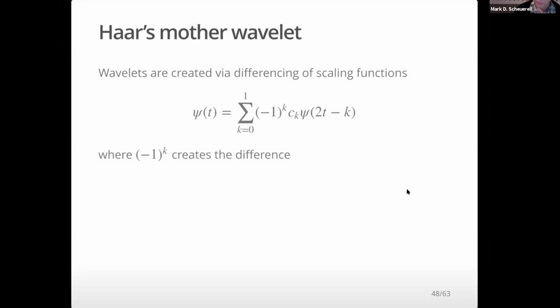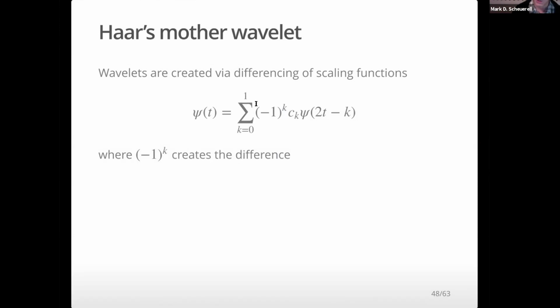Okay, so now we have something called the mother wavelet, which is basically the one that's going to be at the bottom of that stack. It'll be the one that we only have one version of, and we apply it to the entire time series. So the way you get these to work is you can difference those scaling functions. So the way you have this little pre-multiplier here, which is just -1 raised to k.